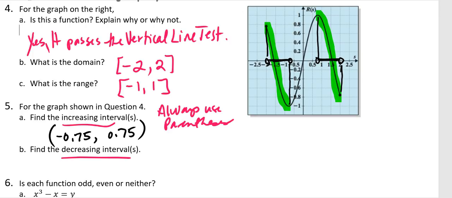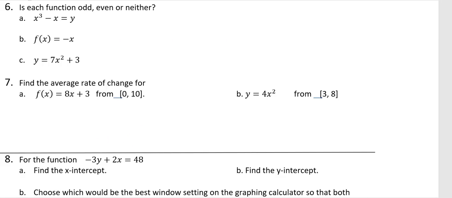And over here. So my decreasing interval will be from -2 to negative 0.75, and it's going to be with 0.75 to 2. And I use a U to show you that I'm uniting those two intervals.